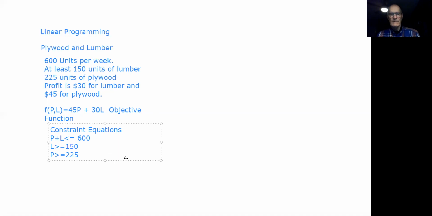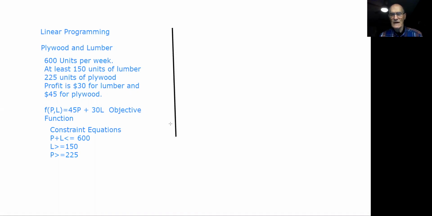In a real world situation, of course, there are other constraints that we don't normally put down, but L has got to be greater than 150 in this case, so greater than 0 is not a constraining situation. So if I come over here now and draw my graph, my graph is all in the first quadrant because you can't make negative things.